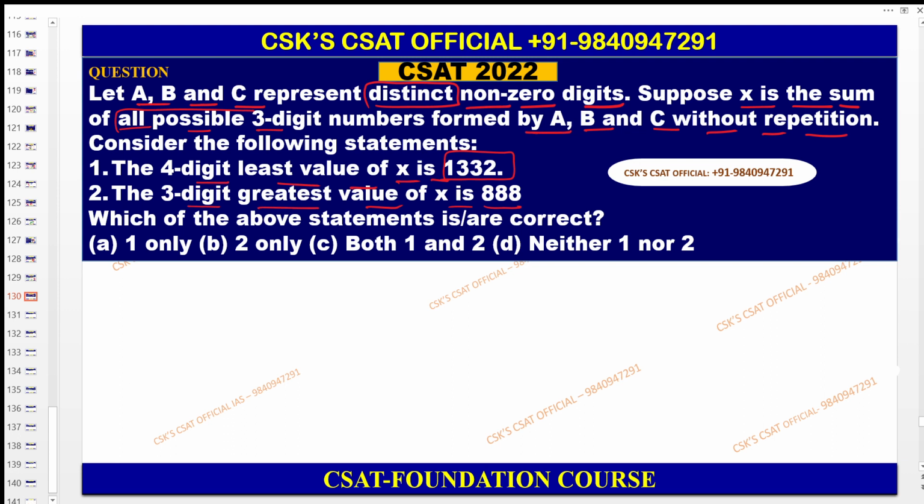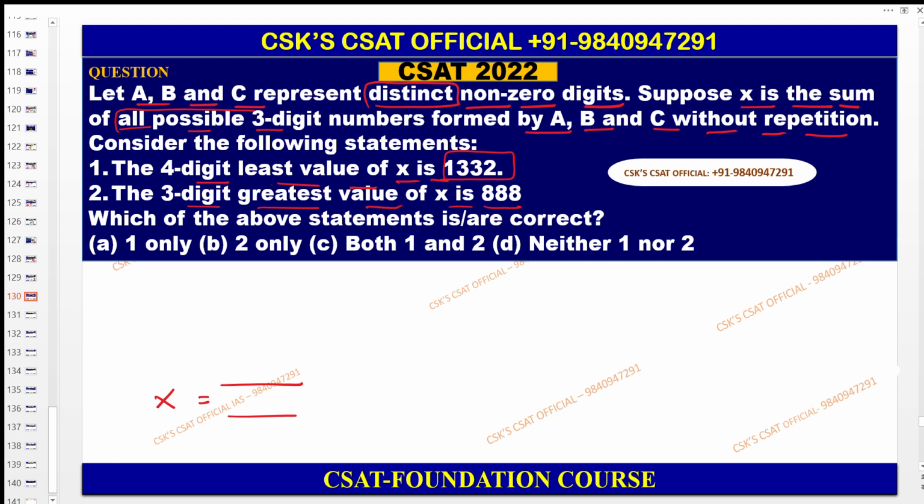Now understand here. X is nothing but the resultant here. X is nothing but the sum of all, right? So now we have to check all possible 3-digit numbers formed.